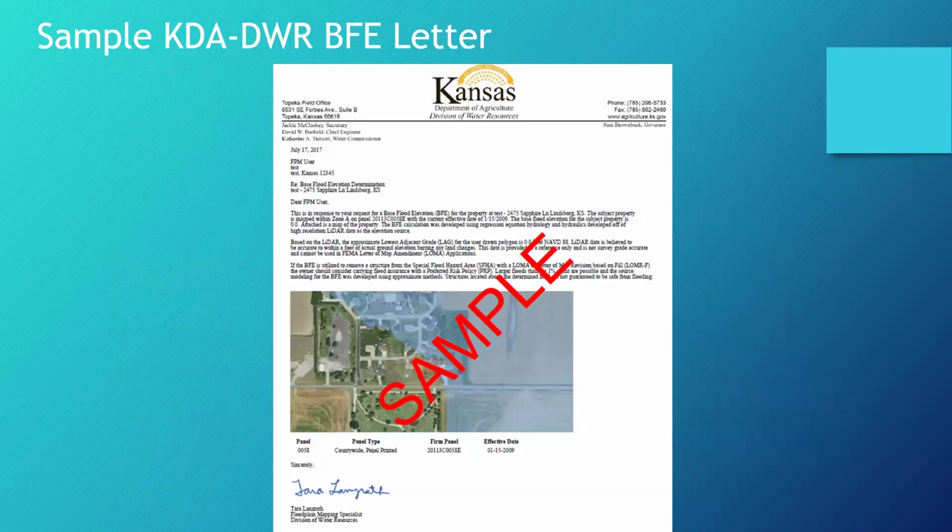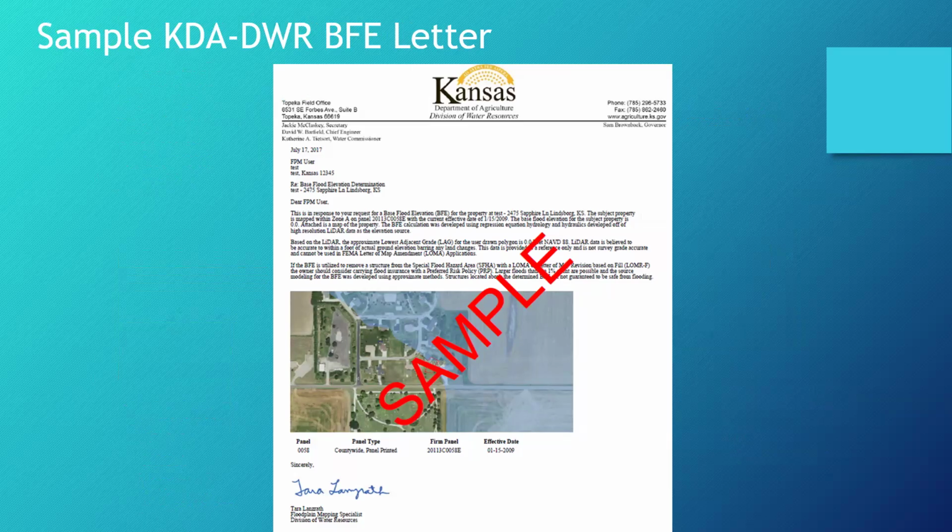And then this is the letter example that you'll get. So it'll give you the approximate lowest adjacent grade and a base flood elevation calculation, depending on what your purpose is. So we'll use the most appropriate data for that request. And then it comes with like a little screenshot and a signature and all of that information.